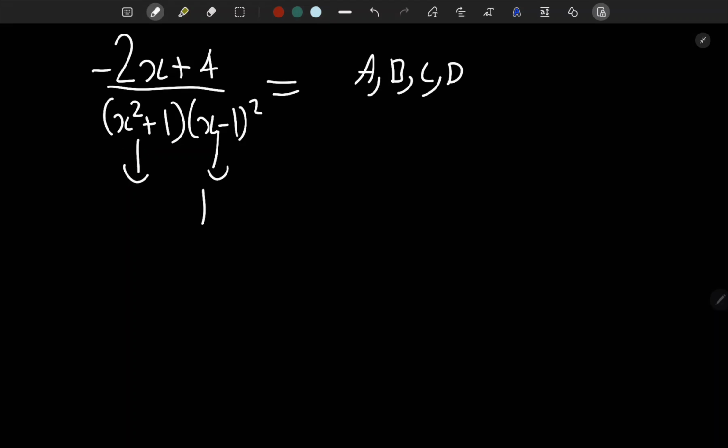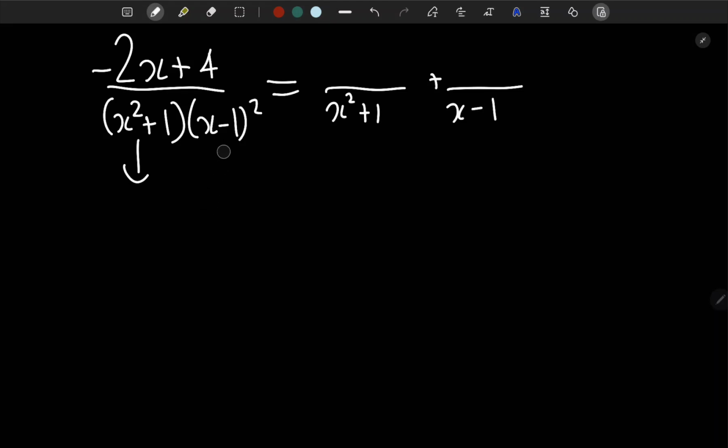So this will stay the same in the partial fraction. One of the denominators will be x squared plus 1, and the other one is going to be x minus 1, this part, and the last one is going to be x minus 1 squared, since we have a multiplicity over here. Don't forget that we did that in our last question.